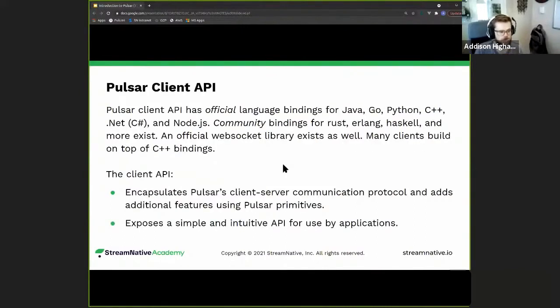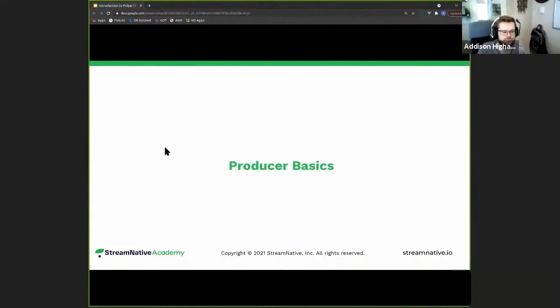Just for context, there are official language bindings for Java, Go, Python, C++, C#, and Node.js, as well as a number of community bindings in progress like Rust, Erlang, Haskell, and many bindings built on top of the C++ bindings using FFI. And this client API encapsulates all of the client-server communication and provides a really simple, intuitive API for use in applications.